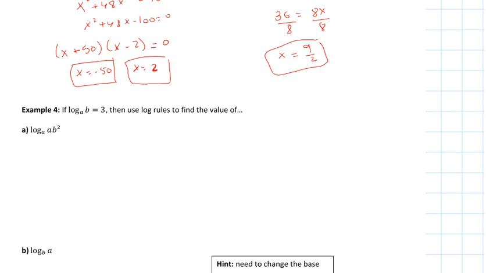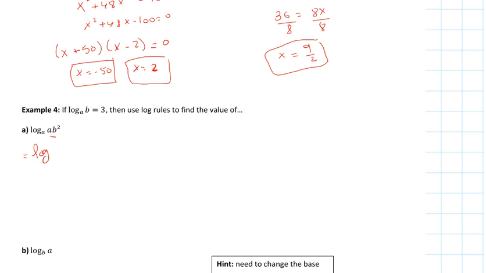So I can't use it unless I look at this and see, okay, what am I going to do with this? I see that there's a multiplication between A and B squared. So I'm probably going to write it as log base A of A, plus log base A of B squared.